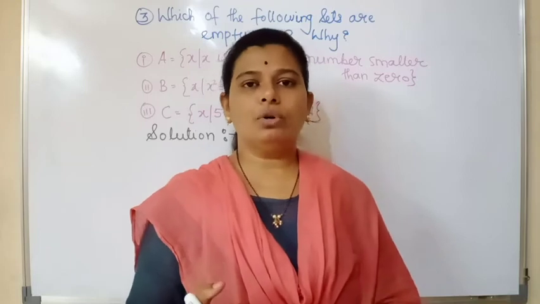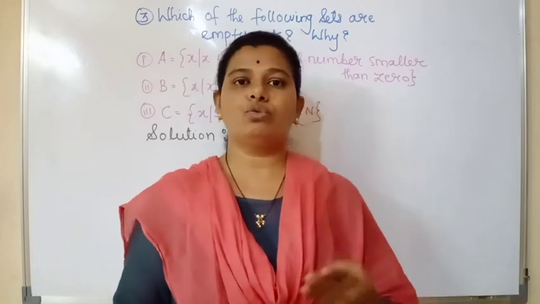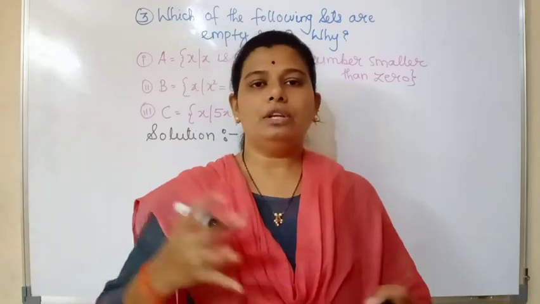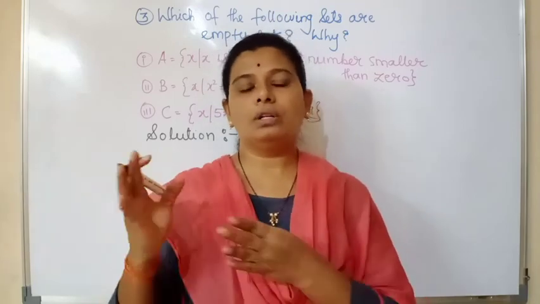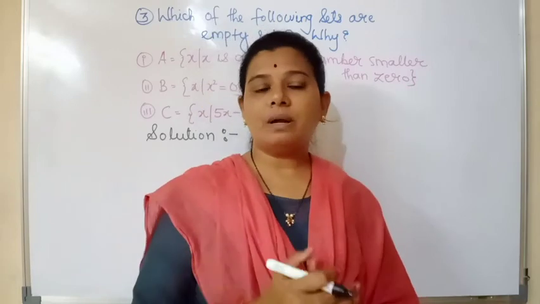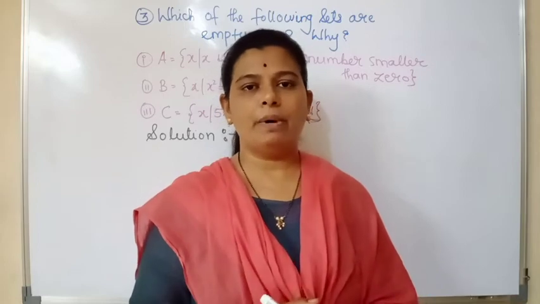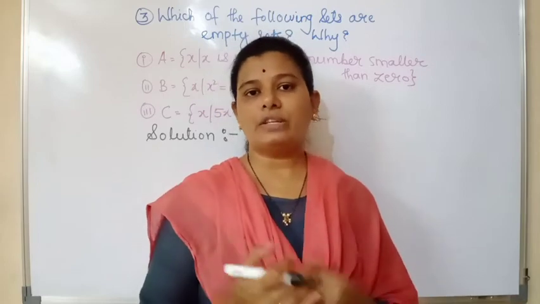Those are obviously the negative numbers, that is -1, -2, -3, -4, -5. These all numbers are smaller than 0. But let me ask you one thing, are -1, -2 natural numbers? No, they are not natural numbers.